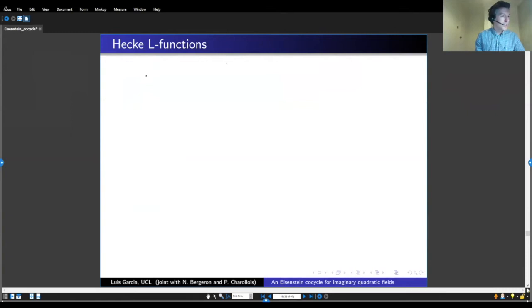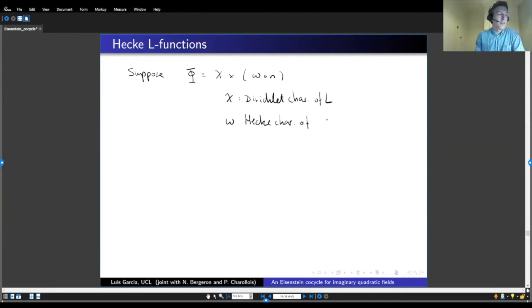These zeta functions appear when you try to express Hecke L-functions. So if you take a Hecke character of this form, let me take it like this: chi is a Dirichlet character of L, and omega is a Hecke character of K of weight (p, q).